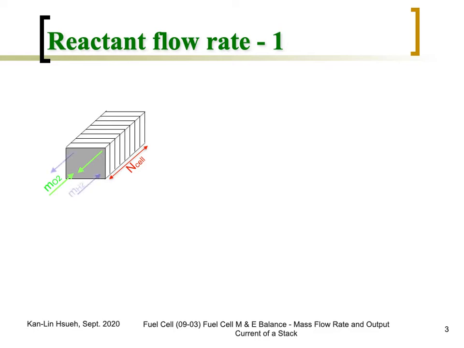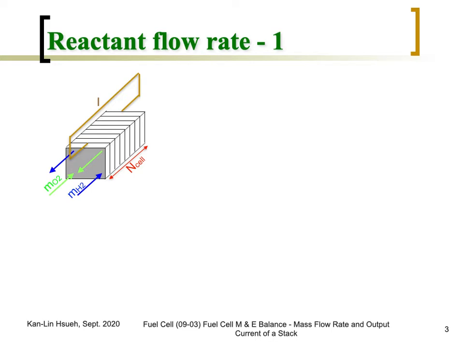The hydrogen flows in from the lower right-hand corner and comes out from the upper left corner, with a mass flow rate of MH2. The current comes out, connected from the end plate current collector, with a current of I.